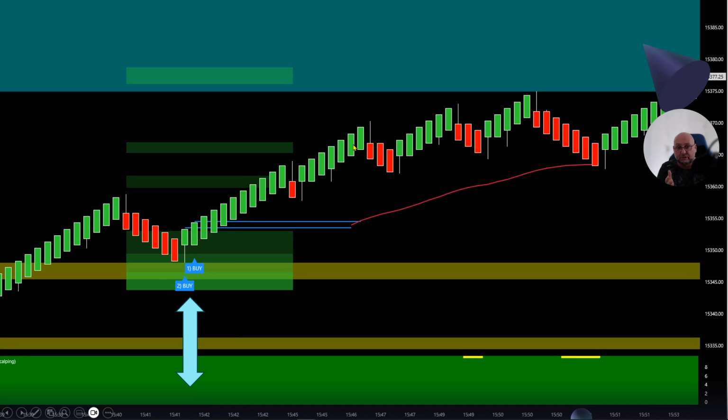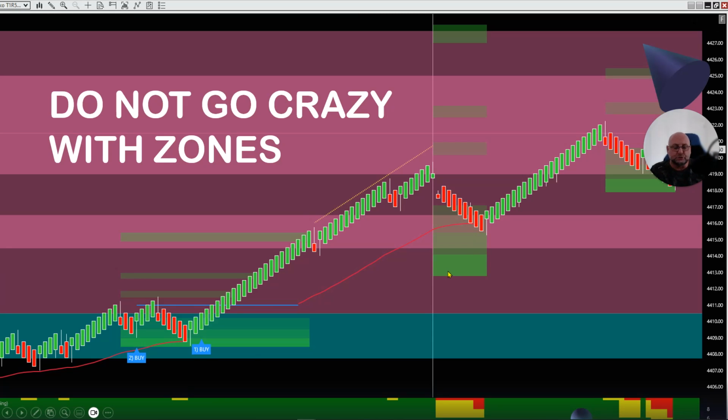We can either take the profit at target 2, or we can continue to trade with the trailing stop. In this case, it just tipped that 15-minute zone and then came back down again. So don't go crazy on the multiple time frame zones, especially if you're on a chart type like a Unirenko 135.